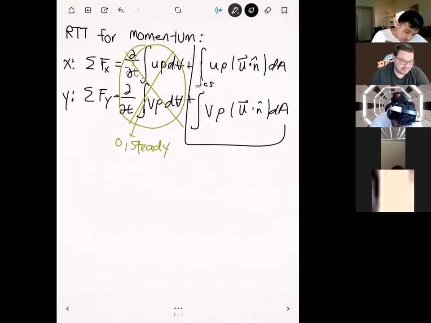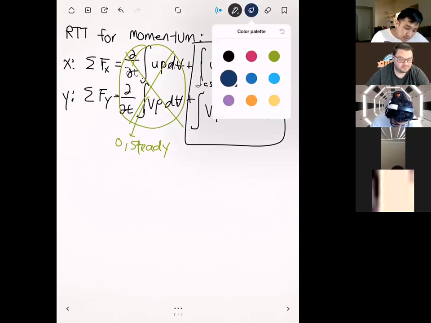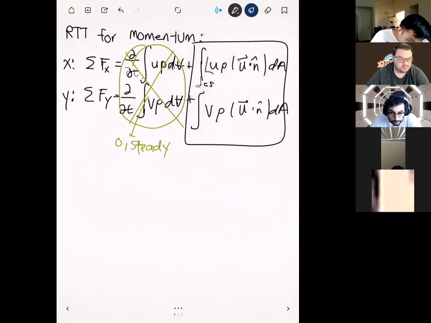There's a lot of subtlety in these integral expressions right here, so let's break it apart step by step. First thing I want you to look at are these velocities right here. Notice for these velocities, I didn't draw an arrow on top, and that's by design.